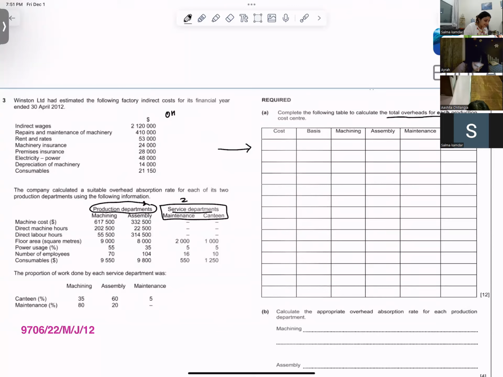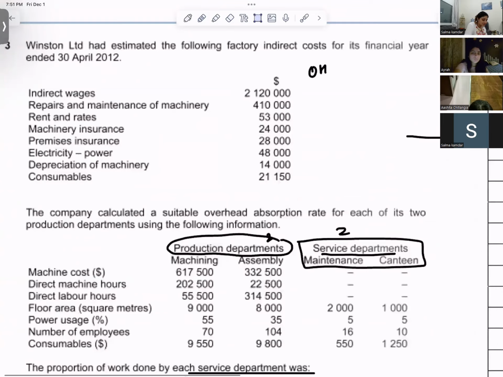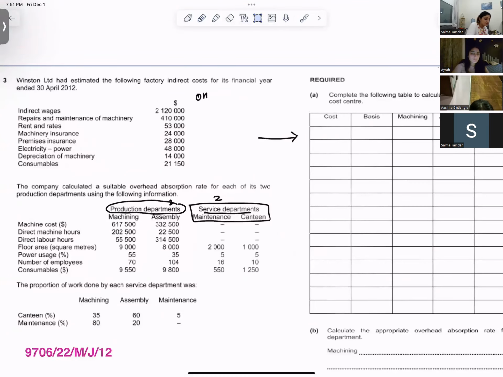So now I have indirect wages, repairs, rent and rates, machinery insurance, premises insurance, electricity, power, depreciation and consumables, and you have to find a suitable basis for all of this.